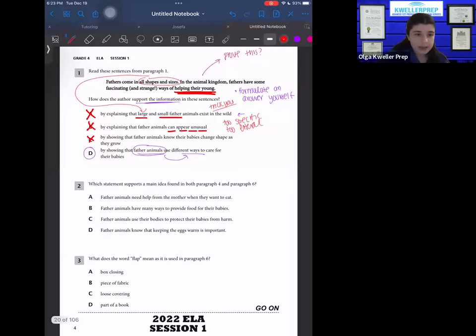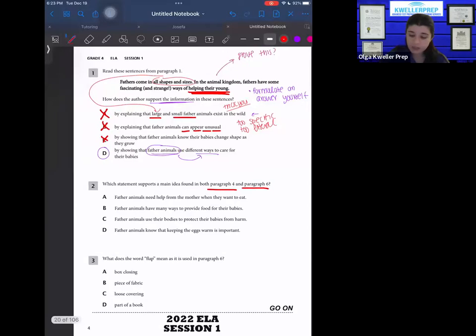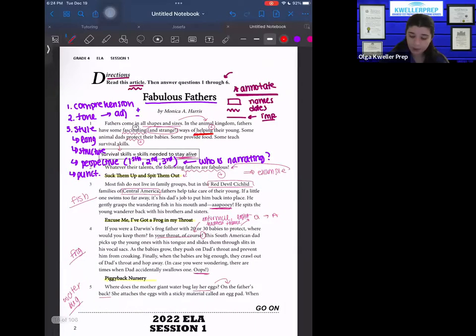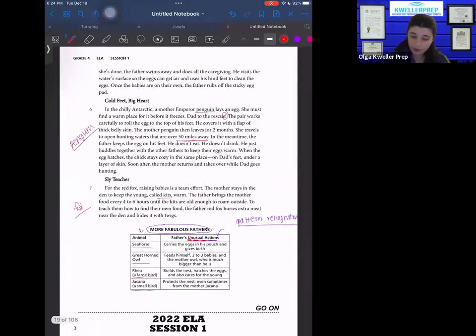Okay, so the next question is asking us which statement supports a main idea found in both paragraph 4 and 6. So for this we would have to go back and find paragraph 4 and 6. So 1, 2, 3. So paragraph 4 was about the water bug, and paragraph 6 is about the fox.